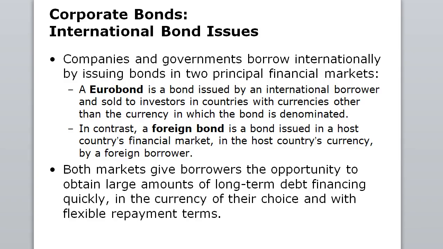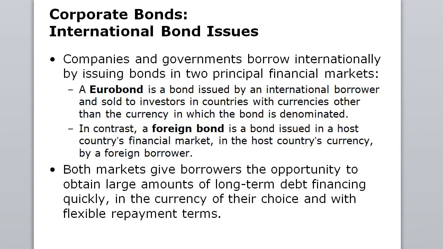Okay, so international bonds. Besides companies, there are also other governments and foreign companies that can issue bonds, creating an international bond market. The Eurobond is a bond issued by an international borrower and sold to investors in countries with currencies other than the currency in which the bond is denominated. So you could have a Eurobond for US dollars issued by Germany.